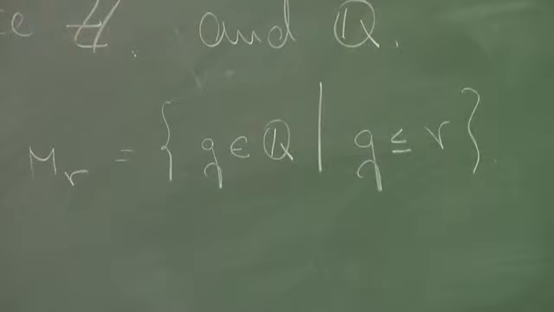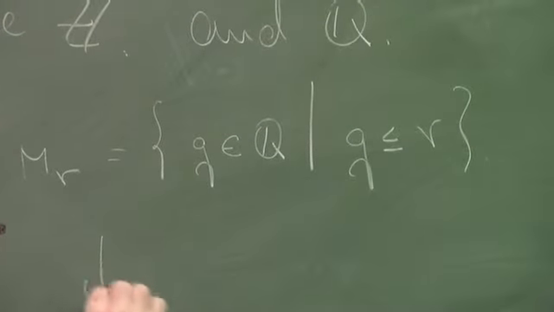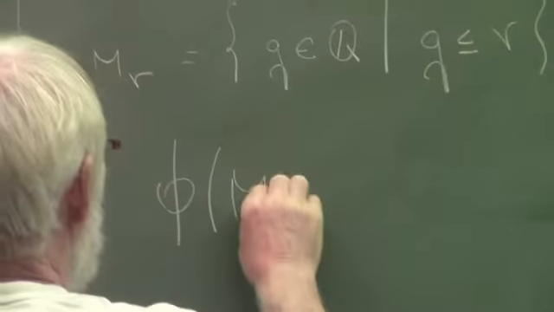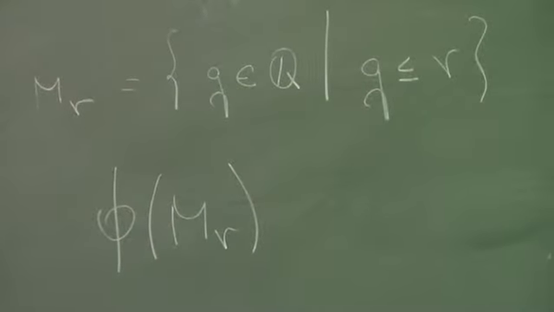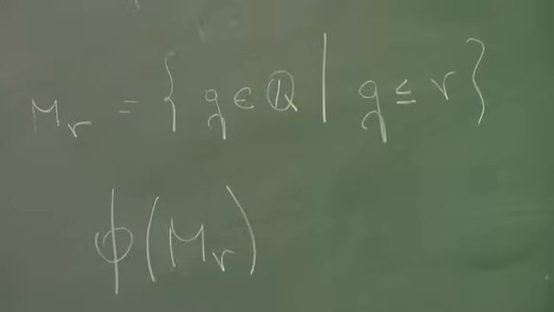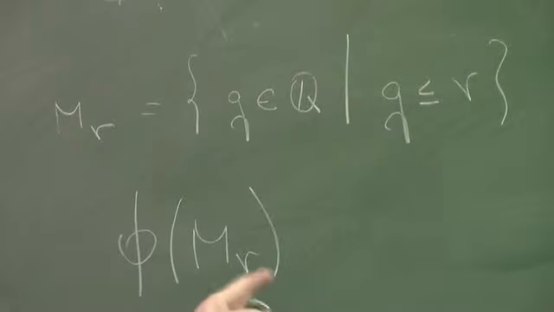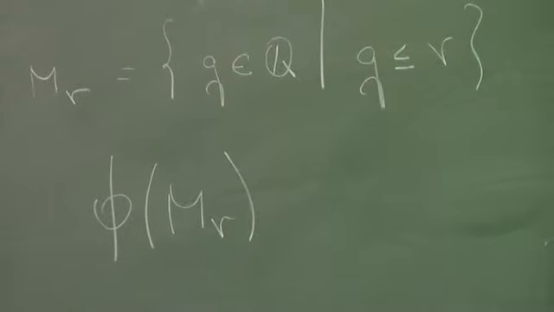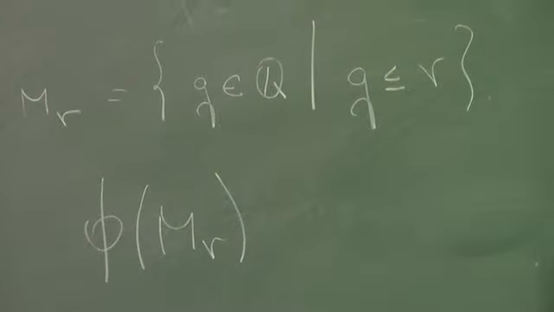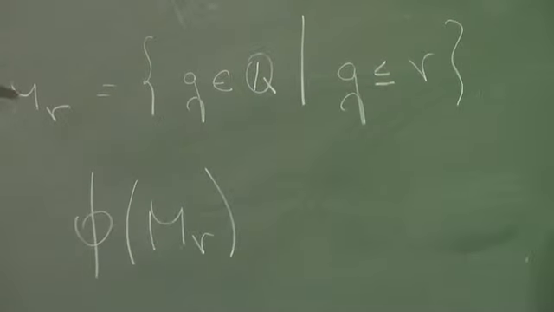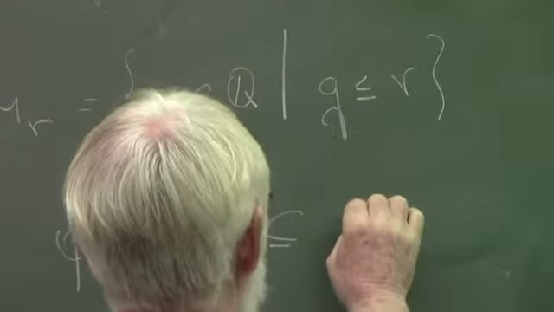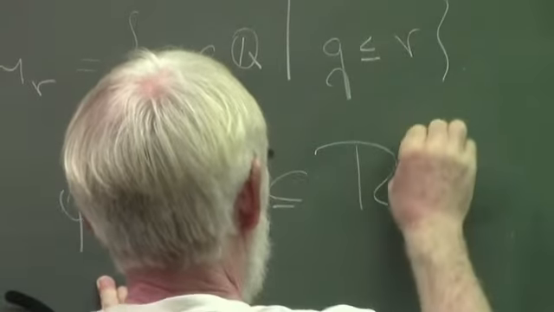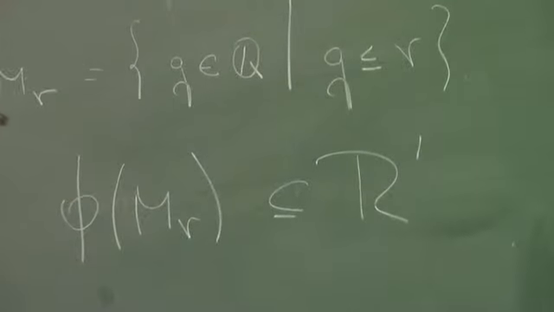Then you have phi of M_R. Okay, so you can look at the images of all the rational numbers, right? This is a subset of R prime, right?